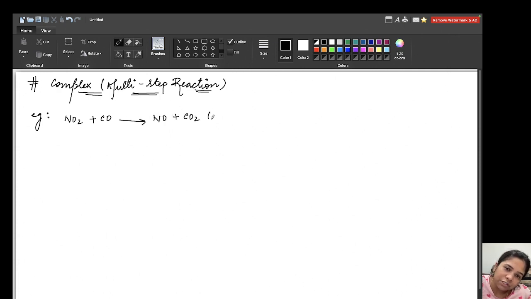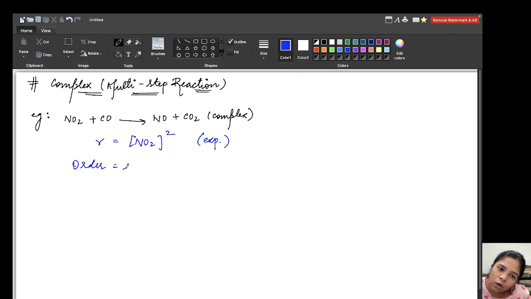Now they have mentioned that this is a complex reaction. So here my rate is k NO2 raised to the power 2. This is determined experimentally, obviously. Here my order will be equal to 2, but what happens to molecularity? We studied that molecularity is only defined for elementary reactions. So in complex reactions, molecularity is not defined.